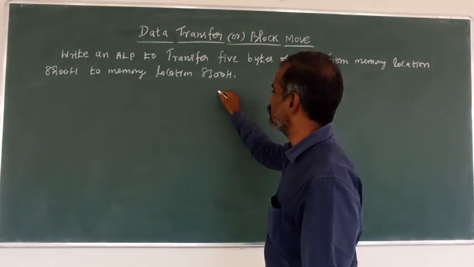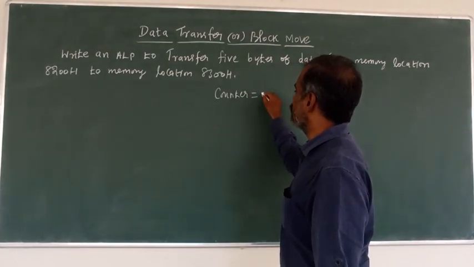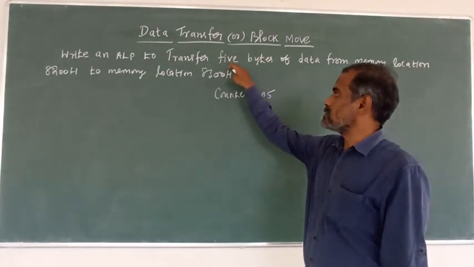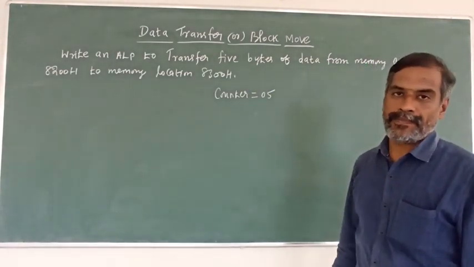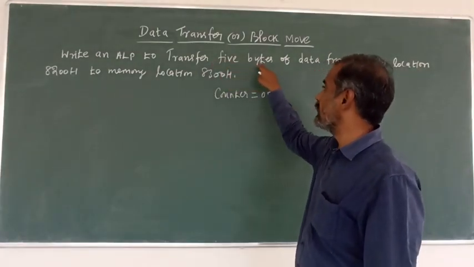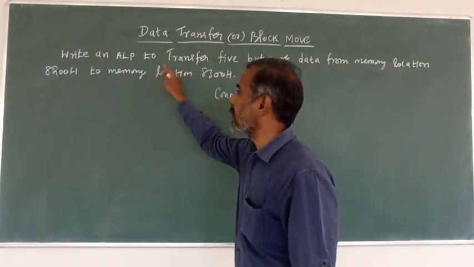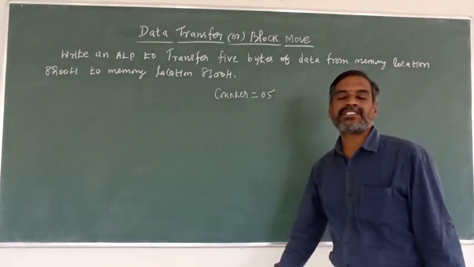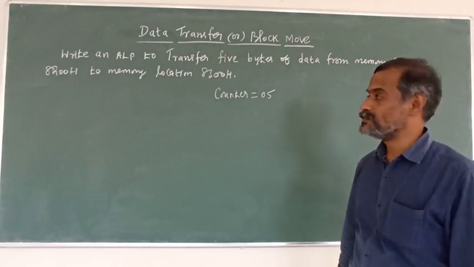To transfer the 5 bytes, first we have to set the counter to the number of data, 5. Suppose it is 10, we set the counter to 0A. To transfer 100 bytes of data from one memory location to another, we fix 64, the corresponding hexadecimal value.